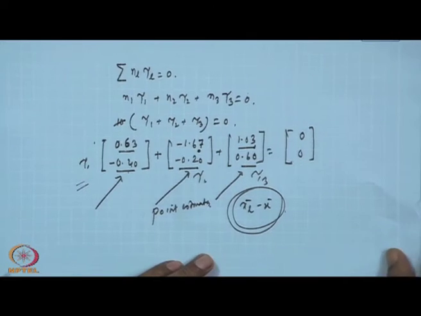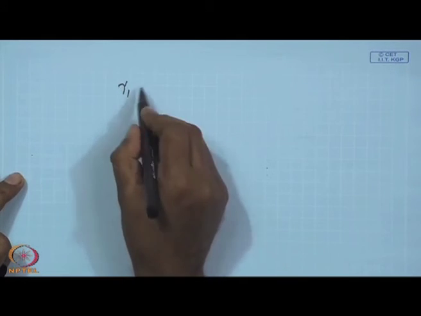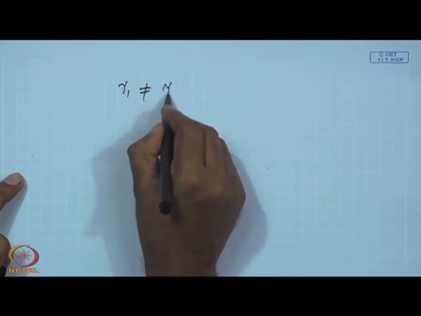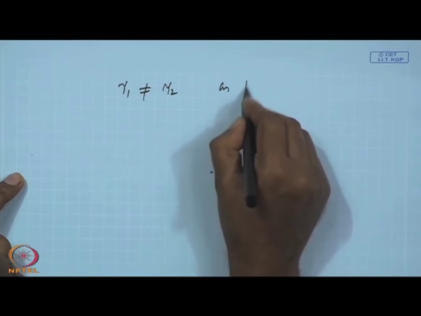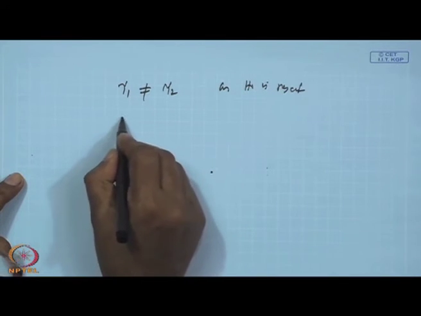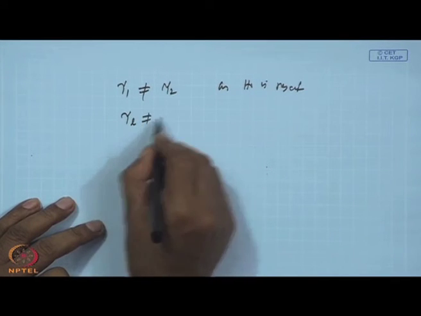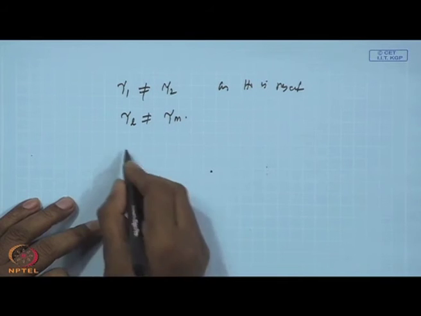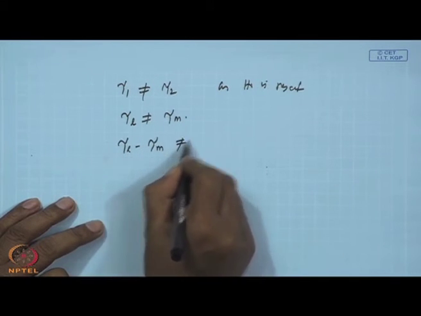So, we have seen earlier, and in this class I will show you that as we are saying that tau 1 may be different from tau 2 as collectively H0 is rejected. So, I want to create a situation that tau L not equal to tau m, then tau L minus tau m not equal to 0.